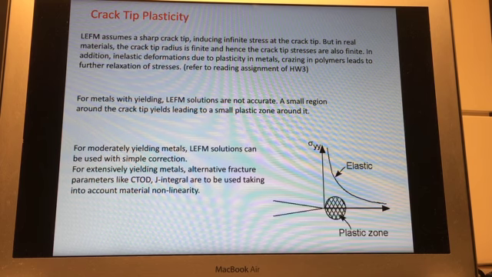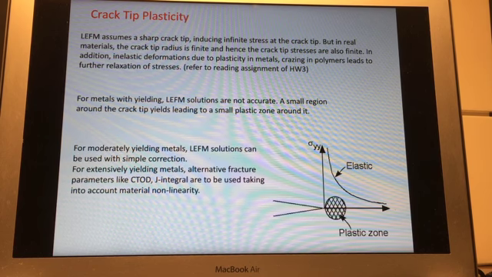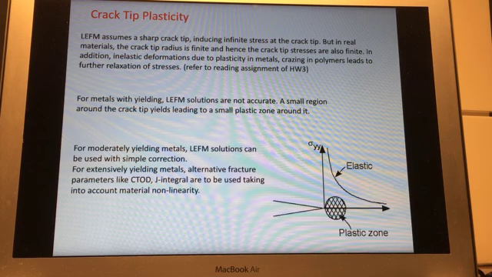Okay, now we have comments that for metals with yielding, the linear elastic fracture mechanics solutions are not accurate, right? Because we know metals, depending on their ductility, always will have a yielding issue.